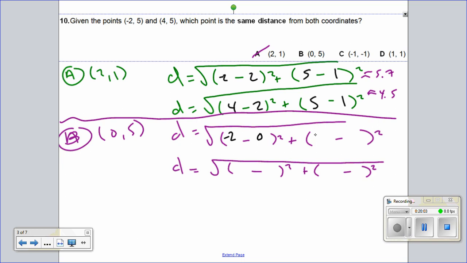The first y value is 5 again, and the second y value is also 5. That's for -2, 5, and 0, 5. Now I'm going to do 4, 5, and 0, 5. So the first x value is 4, the second one is 0 still, and then 5 minus 5 again. So let's get our calculator in, type them all in.